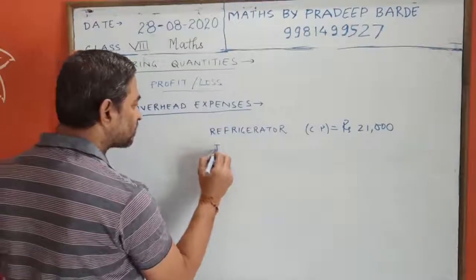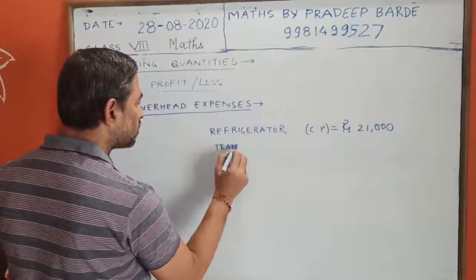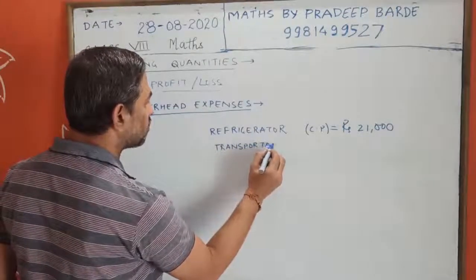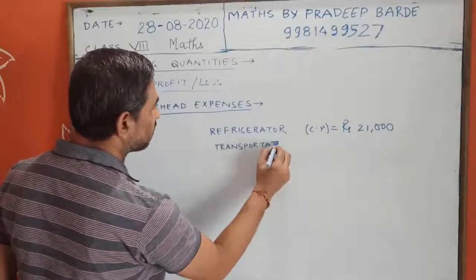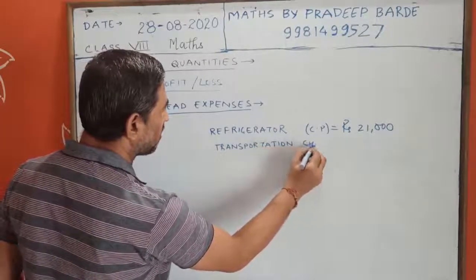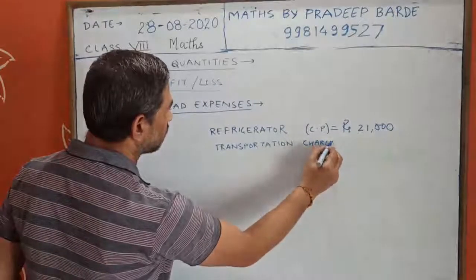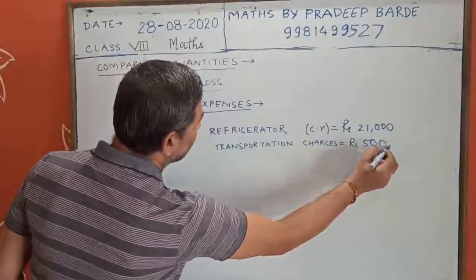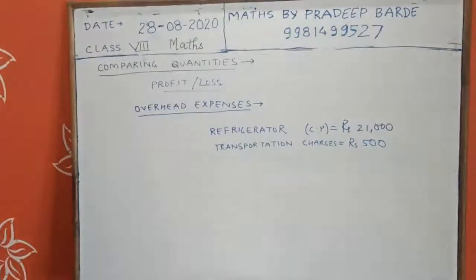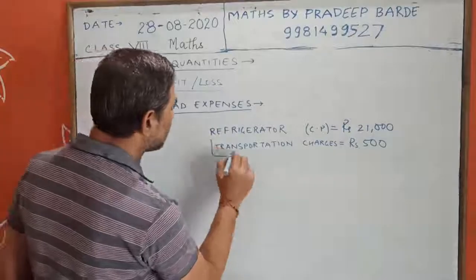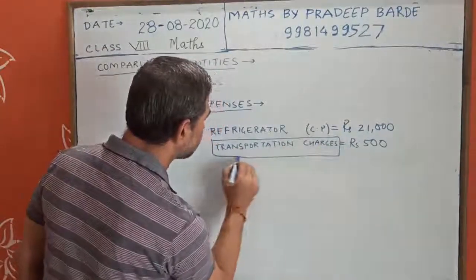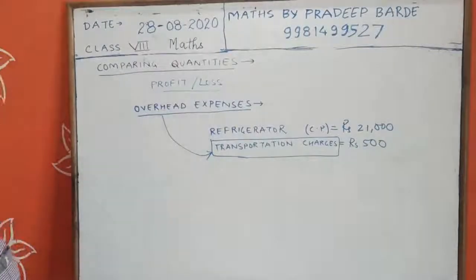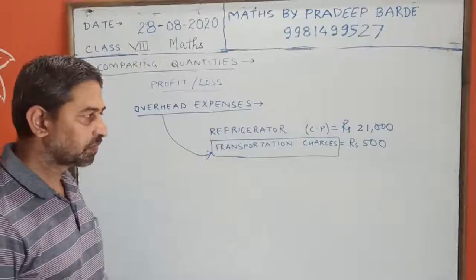On this, the dealer asks you for the transportation charges. That is suppose rupees 500. This transportation charge is one of the categories of overhead charges.